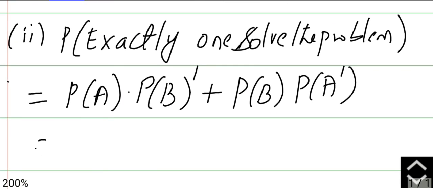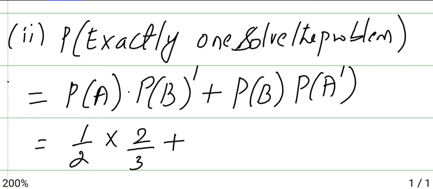So here we have P of A is 1 by 2 into P of B dash is 2 by 3 plus P of B is 1 by 3 and P of A dash is 1 by 2.